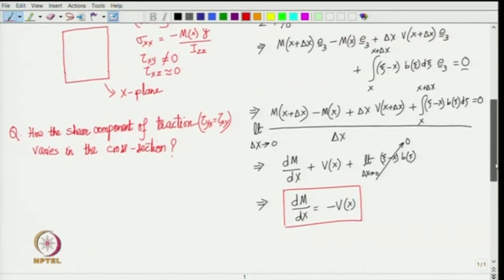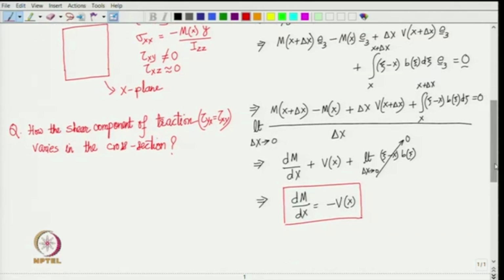All right. So, we are again going to make an assumption while deriving the variation of the shear component of traction, which is that tau xy is only a function of y, it is not a function of z.